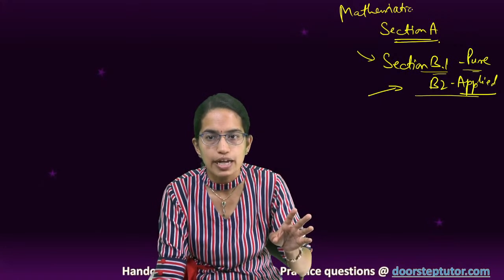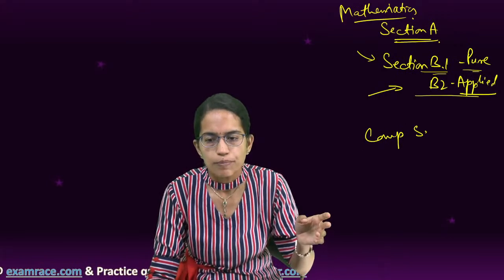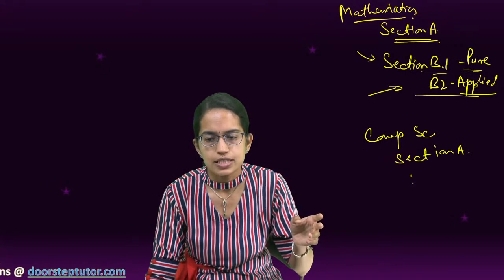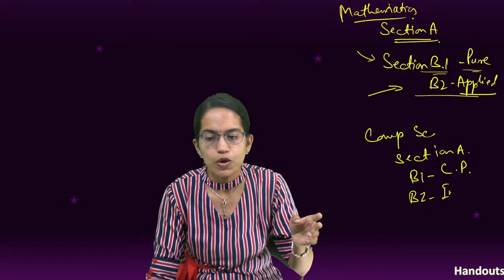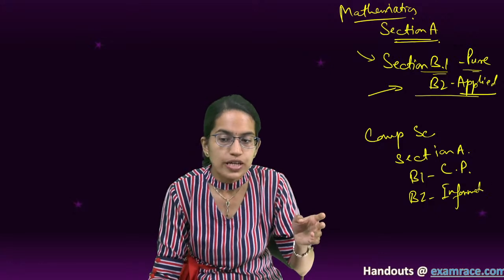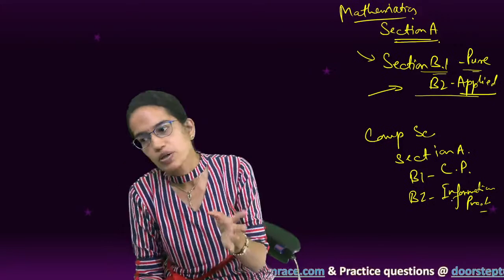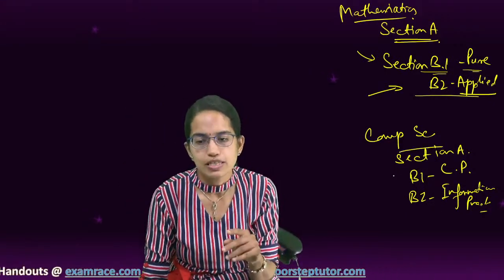But this does not end here. Similarly, we have for computer science students. So computer science students, again section A is compulsory. Then section B1 is for computer practices and section B2 is for information practices. So which department you want to join, whether you want to join the IT department or the computer science department, based on that you would select which section you would appear for.